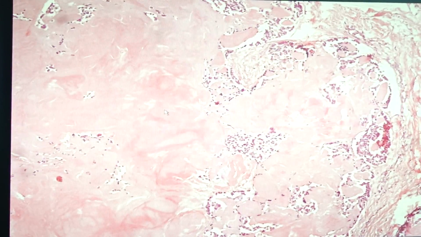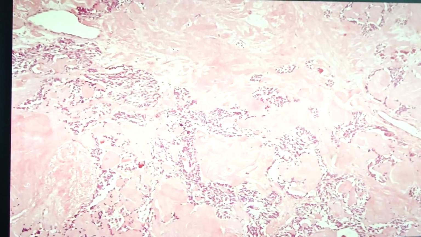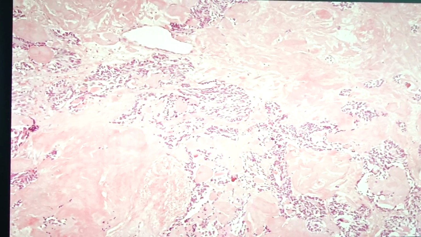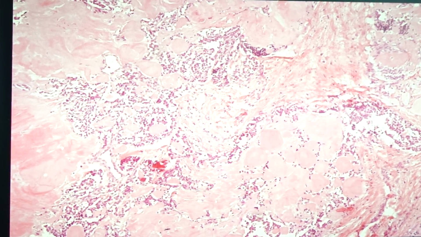So sometimes the C-cells would be seen forming follicles, even follicles. It can be seen forming nests or trabecular sheets. Like in this case, it's a pseudo follicle, because it's surrounding the amyloid.